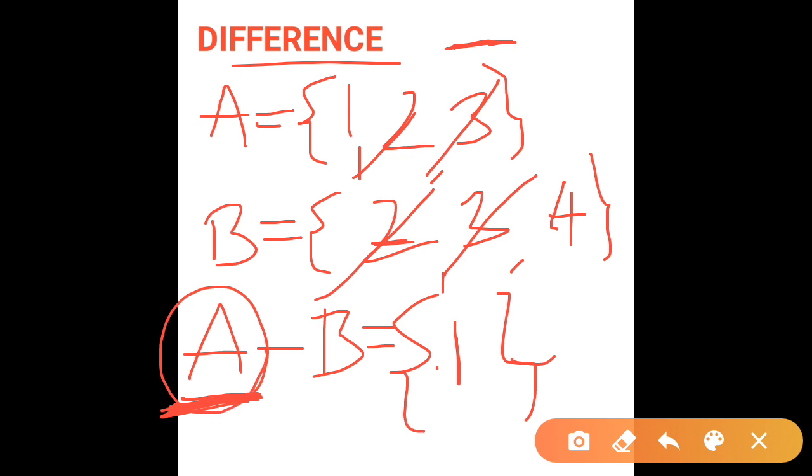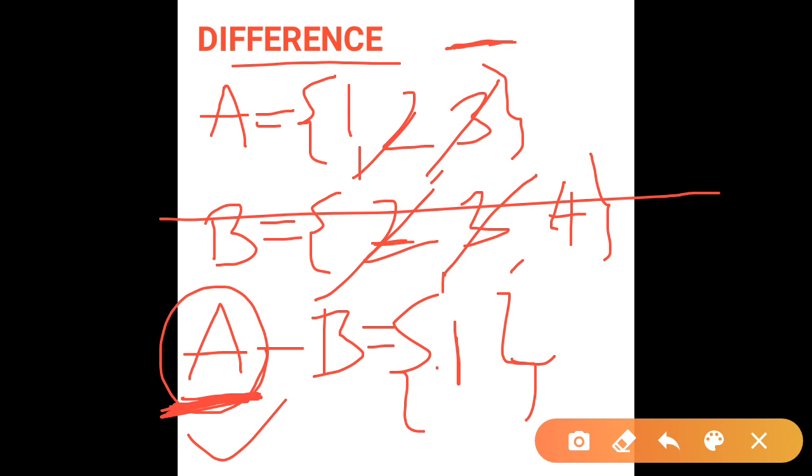We are doing what? A minus B. So we are subtracting B from A. Means no need of B elements. Only we need the rest of the elements of A.